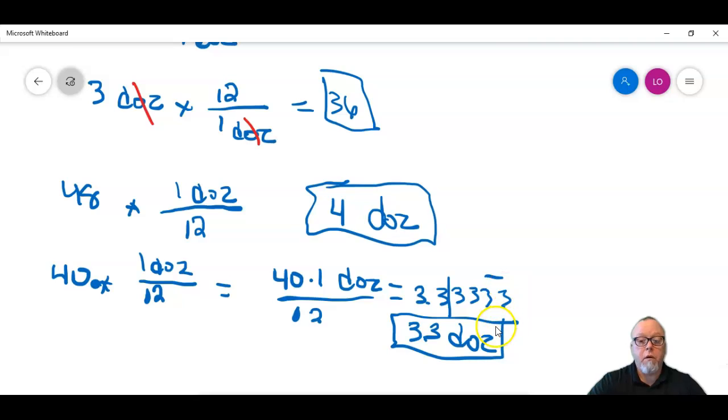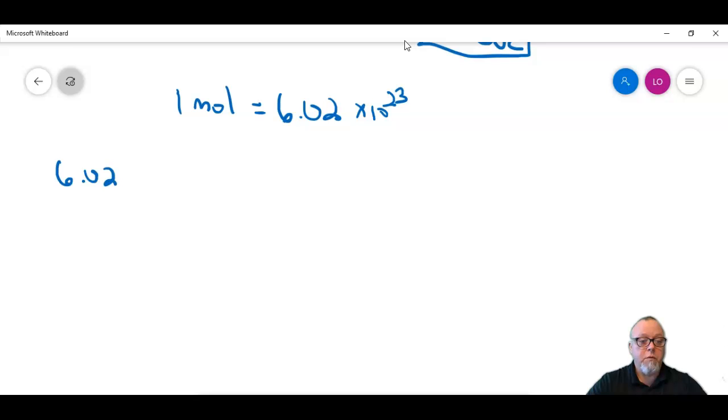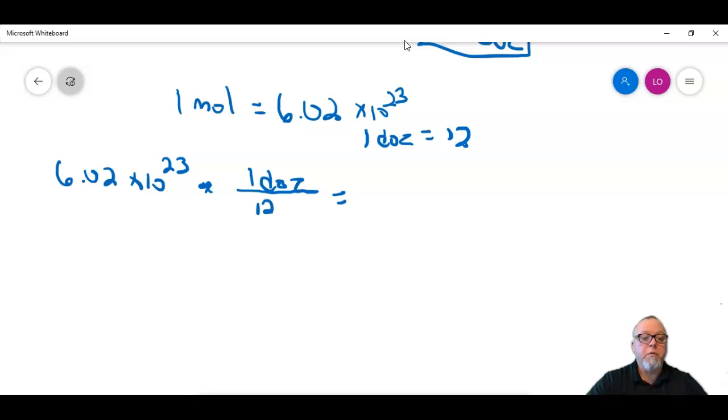So let's make this hard. I told you 1 mole of something is equal to 6.02 times 10 to the 23rd of them. That's a very large number. So if I had 6.02 times 10 to the 23rd of something, and I want to know how many dozen it is, I have 1 dozen is equal to 12. I want dozens, so it goes in the numerator, 1 dozen over 12. That would be 6.02 times 10 to the 23rd divided by 12, which gives me the dozen.